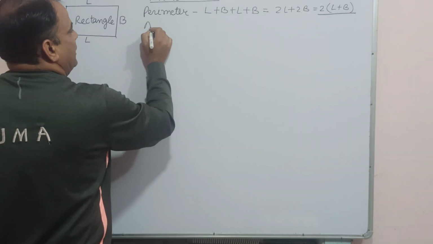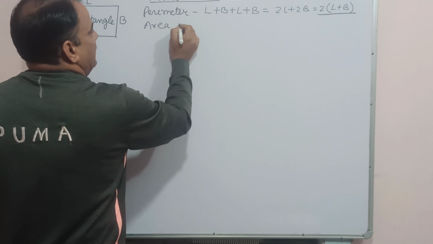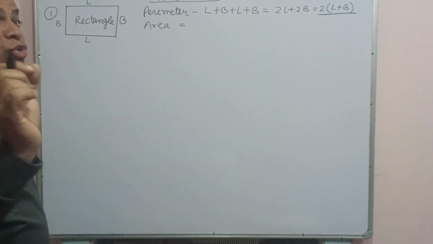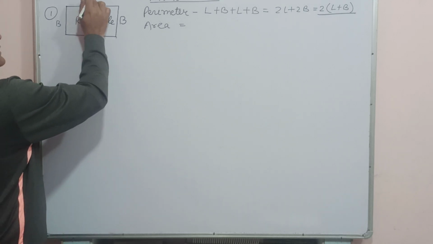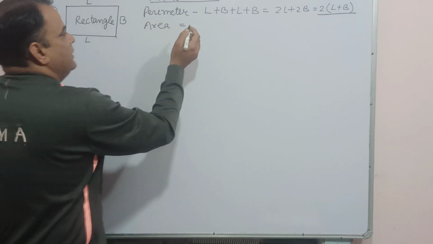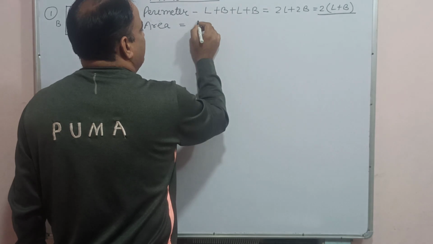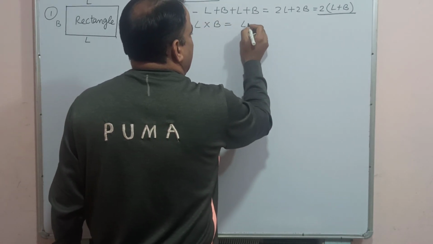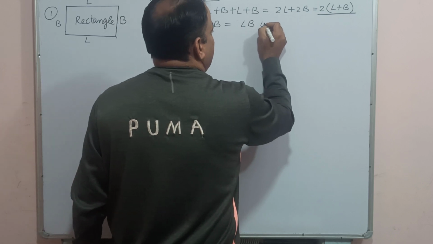Now area. Area is the multiplication of two lengths. There are two lengths, that is L and B. So we can say that area equals L into B, LB, unit square.